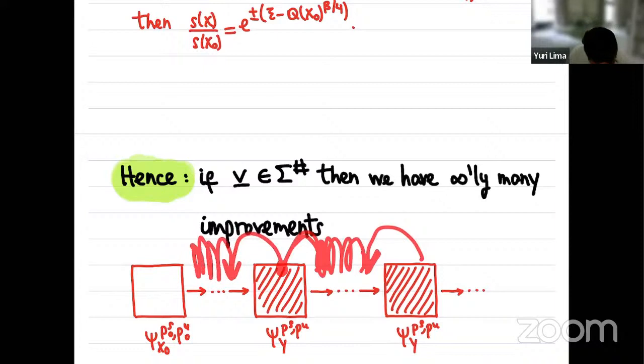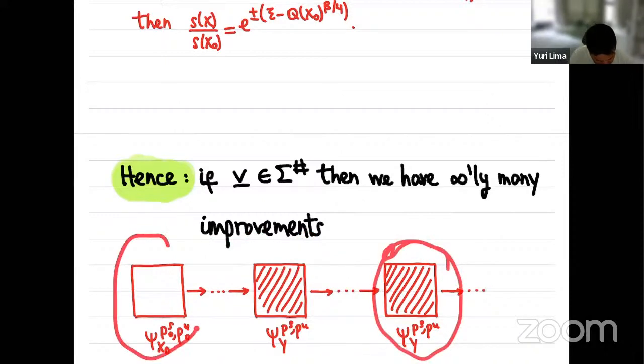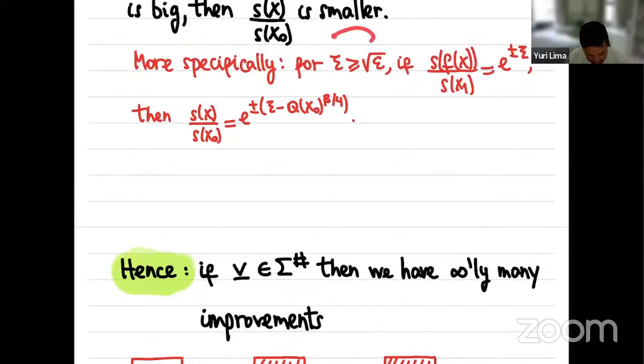Then you come back with improvements that you don't know how to control. And then you come here to the 0th position. So if you start with the improvement lemma from the second occurrence of this same passing chart, as you go back to 0, you see two improvements. If you do it from the third occurrence of the passing chart, you see 3 improvements. So you see many, many improvements as long as you are in this threshold.